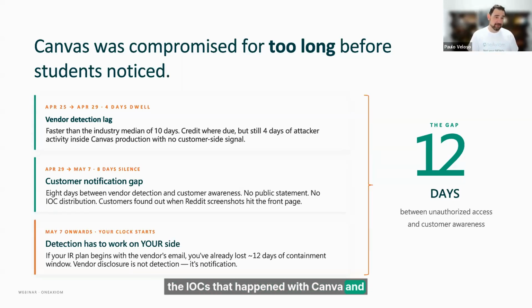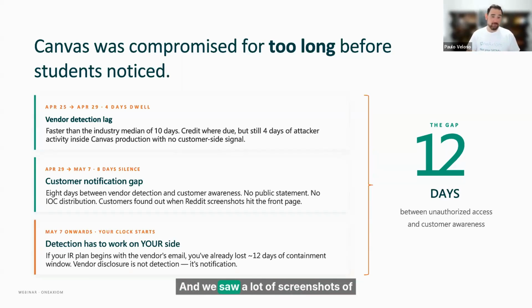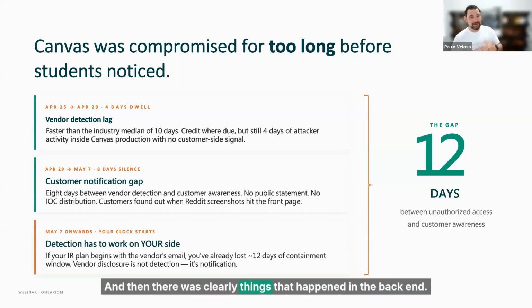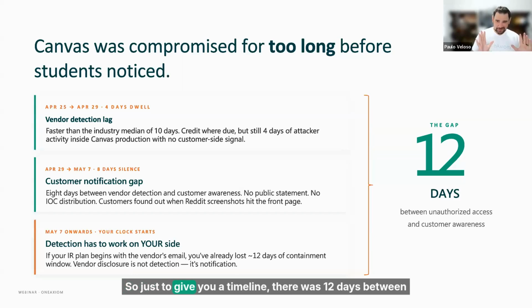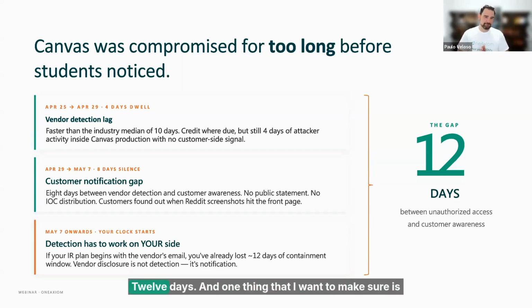Then they felt obligated to go public and tell what happened. We saw a lot of screenshots of defaced login pages for some institutions, and clearly there were things that happened in the back end. So just to give you a timeline, there were 12 days between unauthorized access and customer awareness of that compromise.